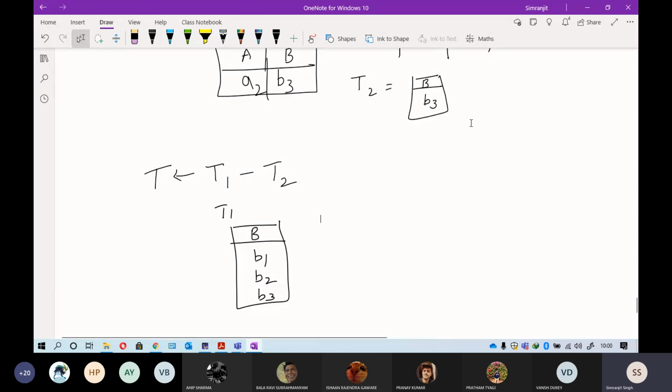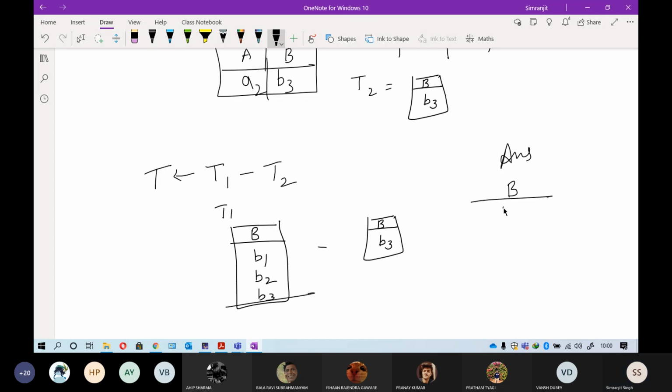So T2 is this one. When you subtract, you have to subtract B3. So the answer will be B1, B2. The same answer you got in the first step.